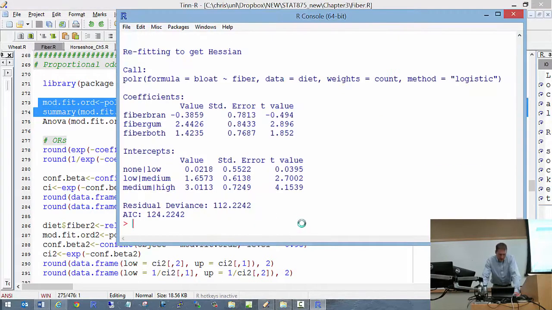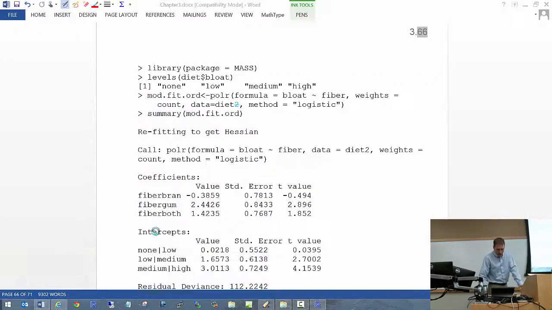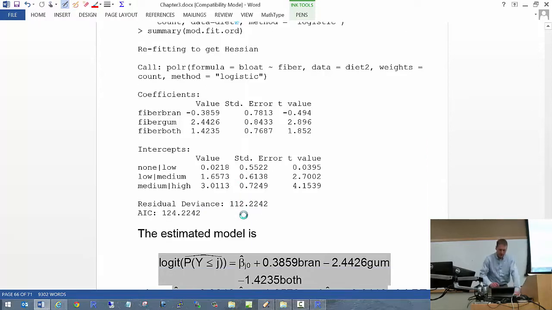We'll summarize it. So here are my corresponding parameter estimates. Let me go back over here to Word so I can draw in here. So for example, this none|low represents beta hat 0,1. So we're basically putting the dividing line between the none and the low, in terms of these cumulative probabilities.